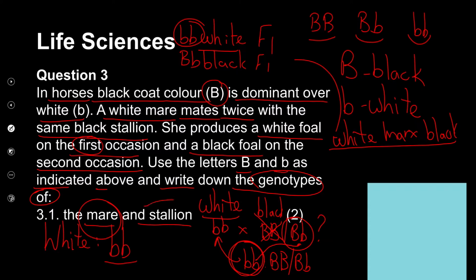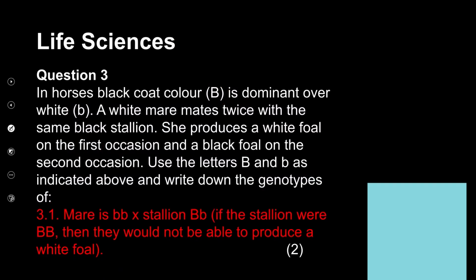When we look at the stallion, we just proved that, yes, we know that he is black, but there are two possibilities of black, and purely by looking at this offspring, we realize that the male has to be heterozygous, and so his genotype is going to be capital B, small b, in other words, heterozygous. Let's move on to more questions based on this.